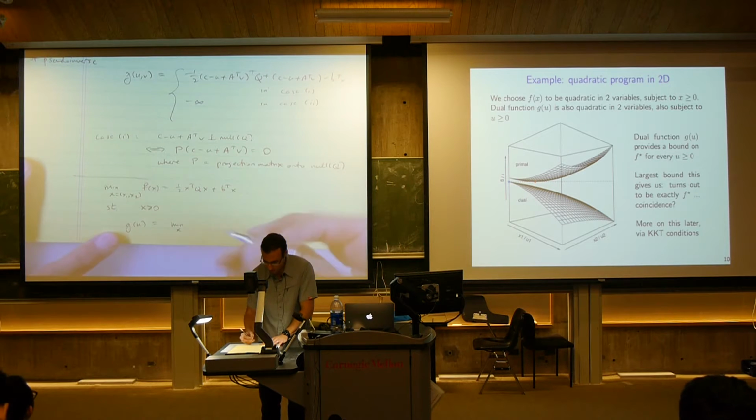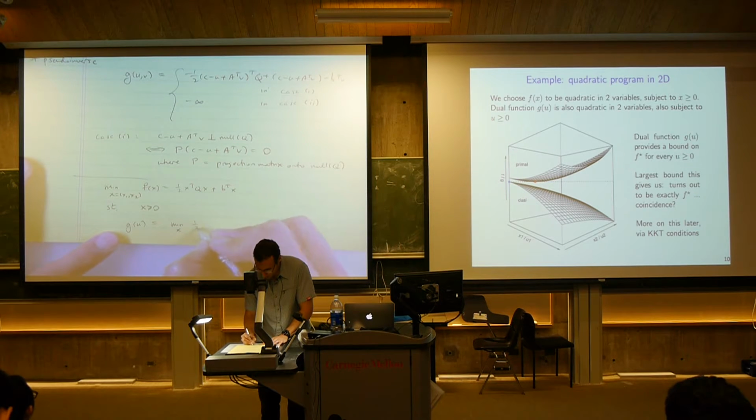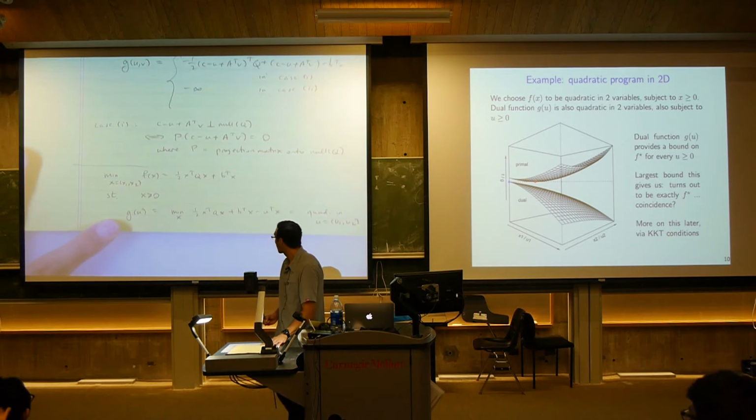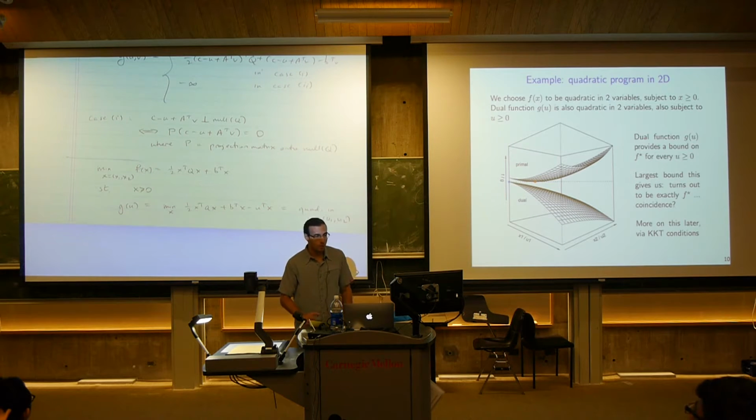We saw that from the previous example. Minimizing this out over all x gives me a quadratic in u.